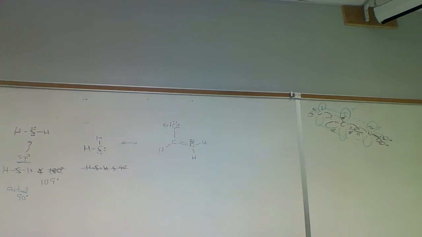Close to 90 degrees. 90 degrees. The reason is this. You know, oxygen's a small atom. Small atom, you put groups of electrons around a small atom, they're gonna repel each other because it's a small volume, tight fit.